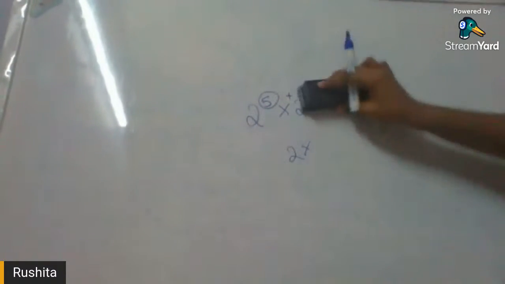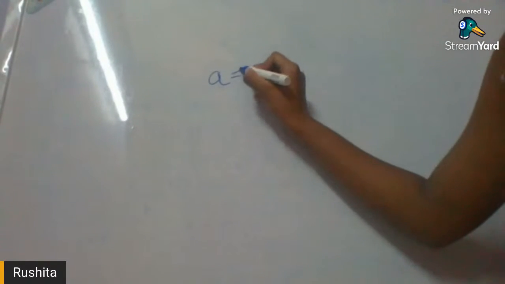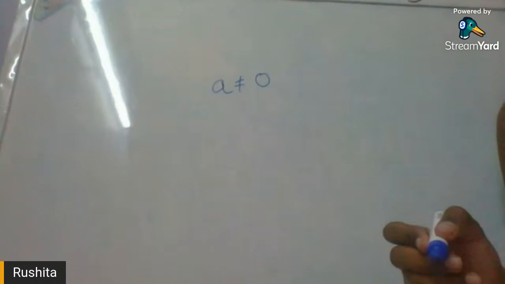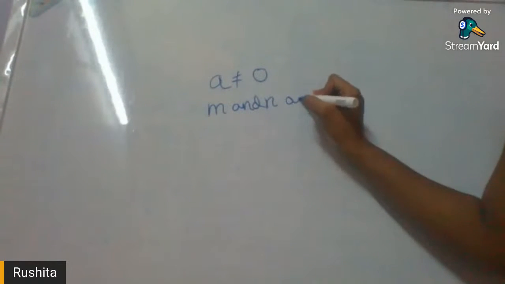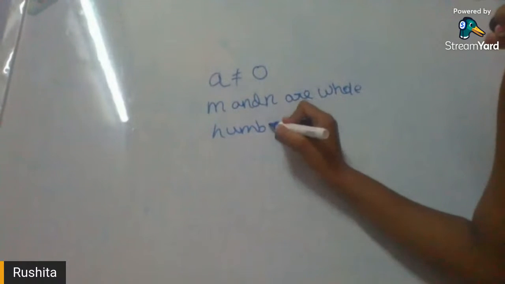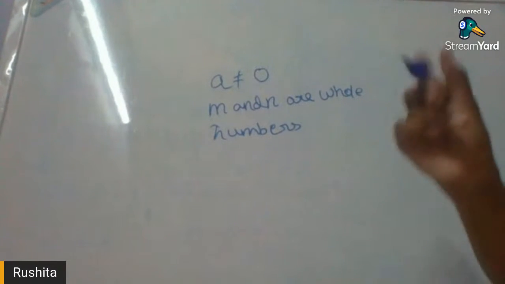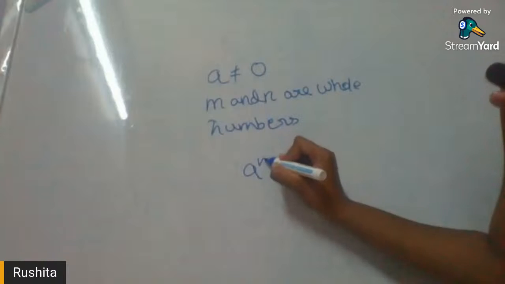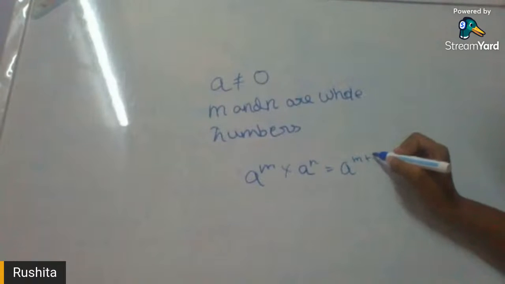Yes, you might not be able to understand with this, but with the next one, the statement is: if a is a non-zero integer, and m and n are whole numbers, then a to the power of m into a to the power of n equals a to the power of m plus n.